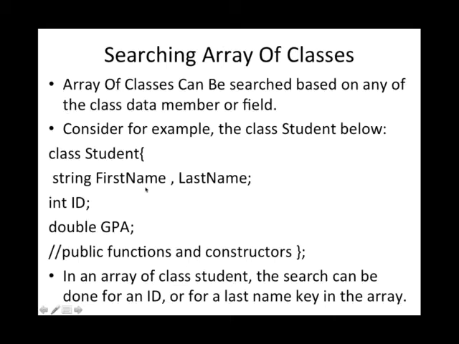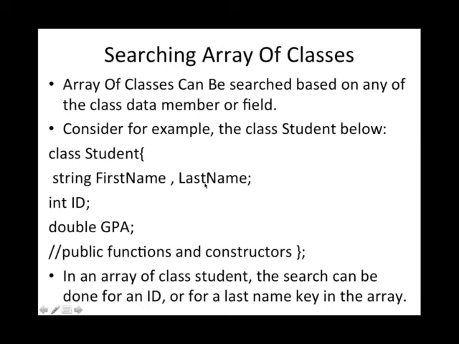In this type of class, we may search an array of Student class either based on ID or based on last name. Generally, nobody searches on first name and GPA because there might be too many duplicate values. ID could be unique, so searching based on ID would probably make the most sense.